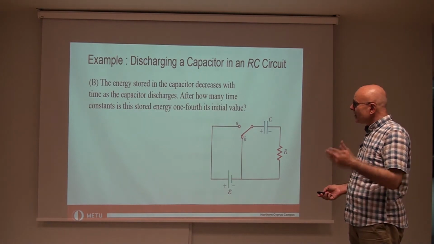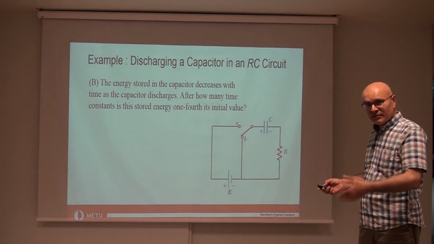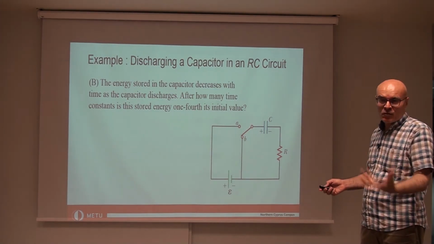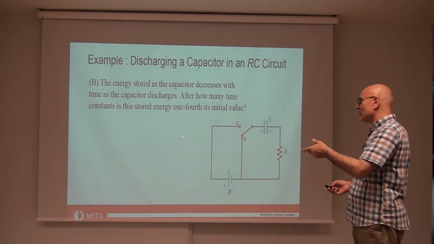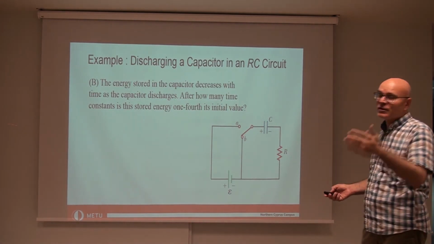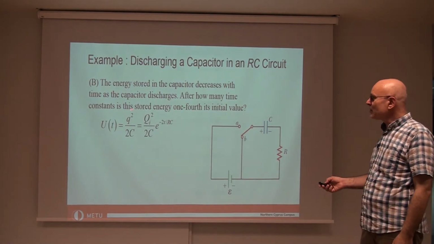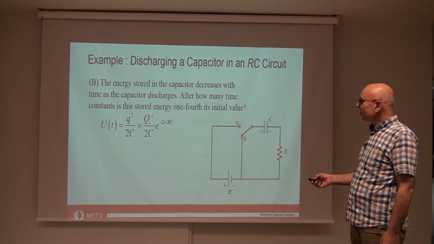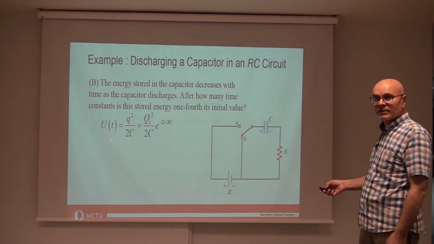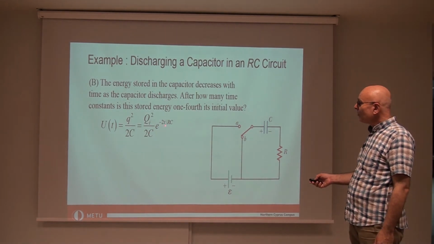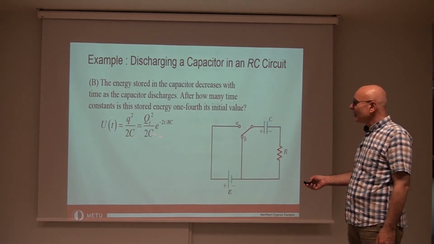Now, the capacitor has energy stored in it. As it discharges, as it loses charge, it's also losing energy. Where does the energy go? It's dissipated in the resistor. So after how many time constants is that energy reduced to 1/4 of its value? This is the expression for the energy, Q squared over 2C, and you substitute for Q, Q initial e to the minus t over RC, and square it. So this is Q initial squared, and e to the minus t over RC squared becomes e to the minus 2t over RC, divided by 2C.